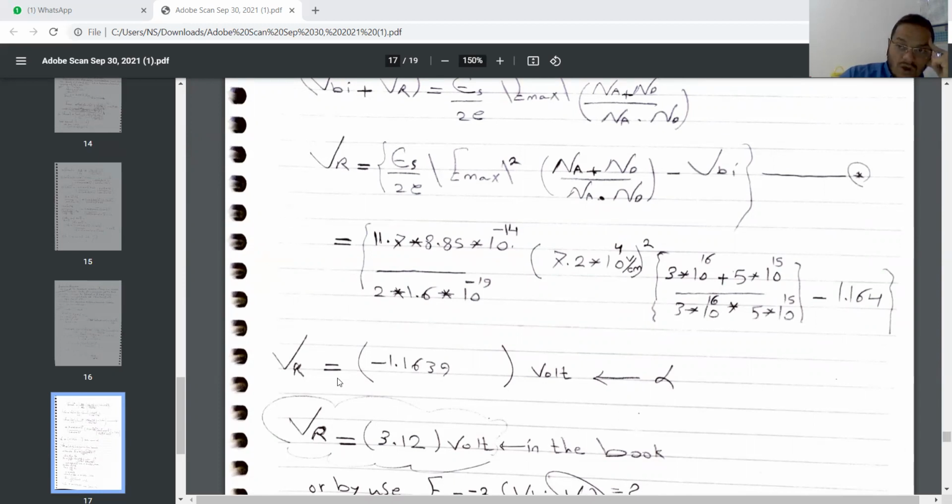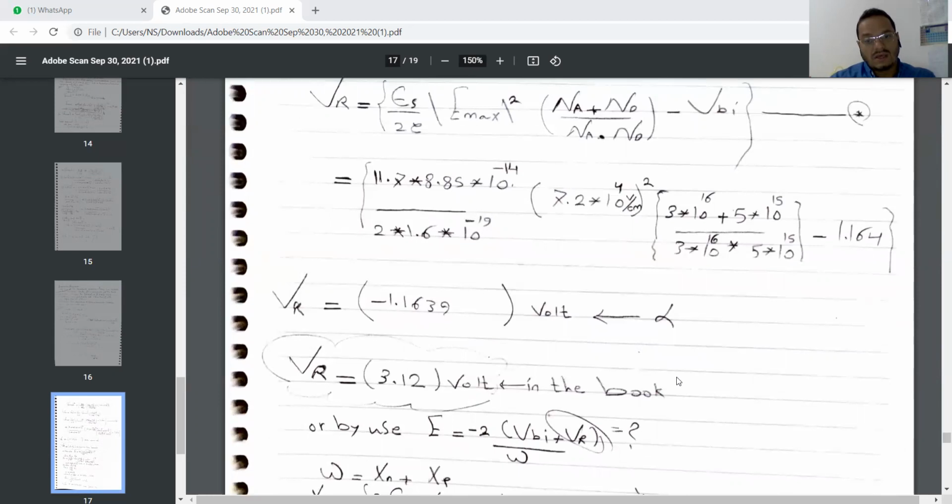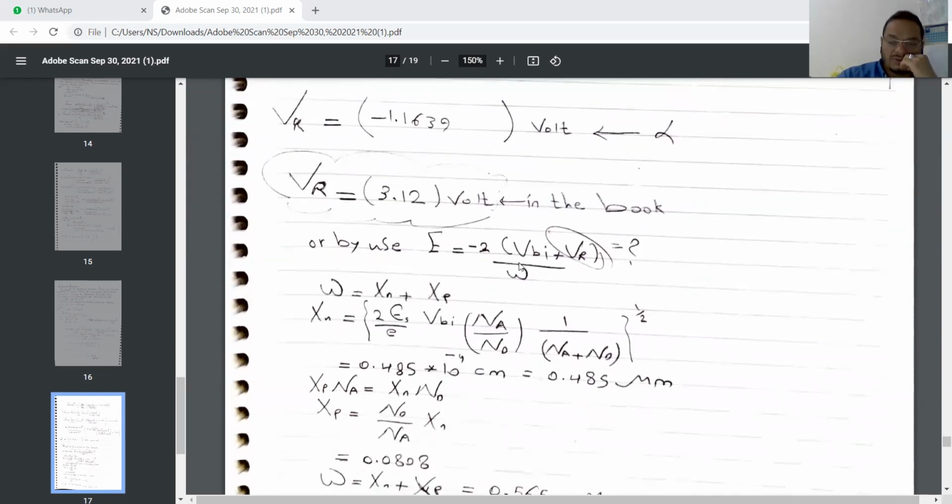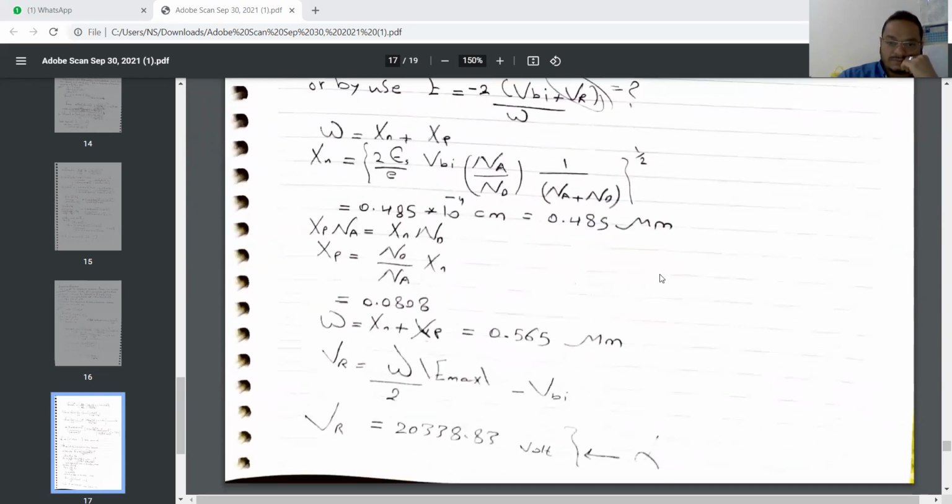My result was wrong, equal to minus 1.1639, and that's not appropriate. And I was thinking to use equation 7.37 by calculating the total width, and after that it will be easy.